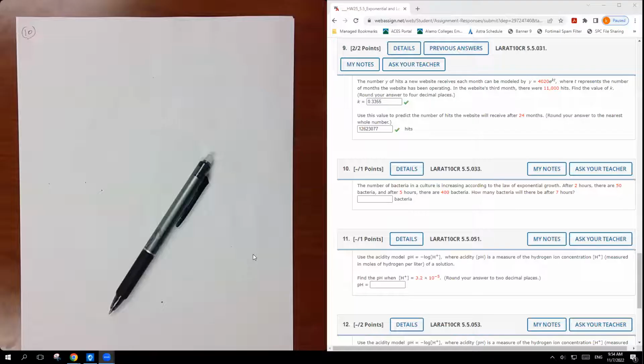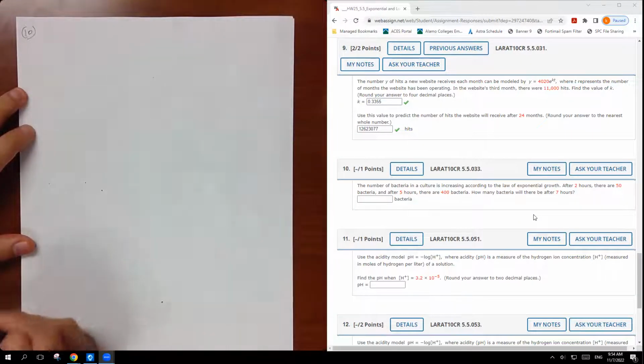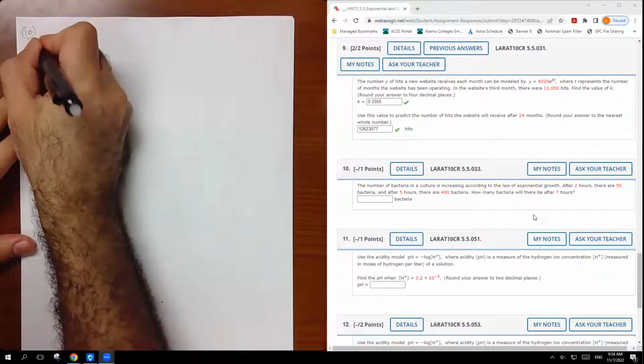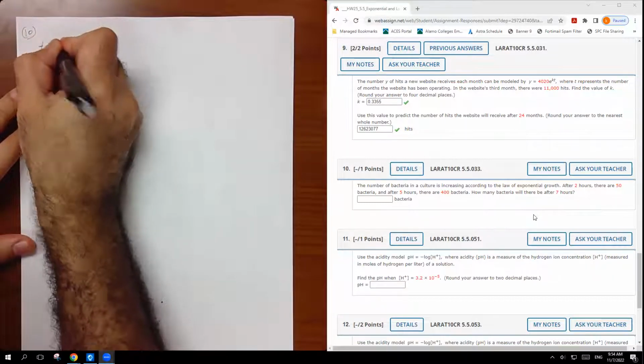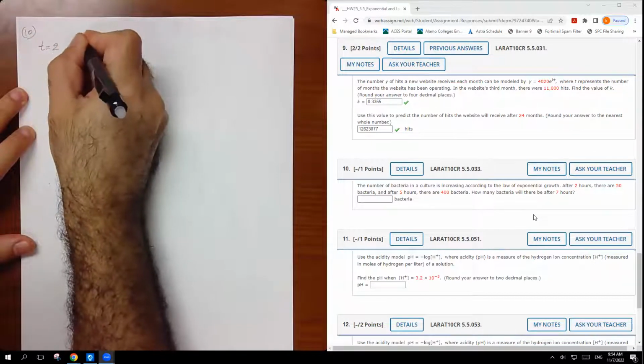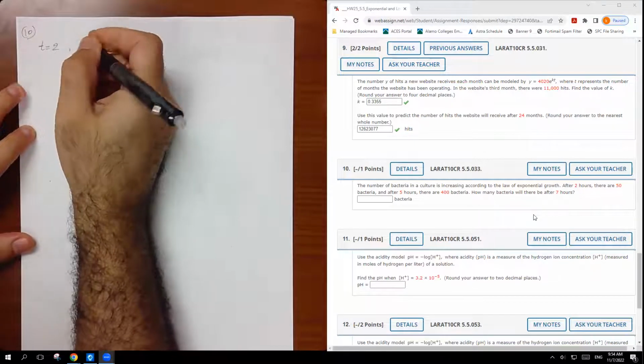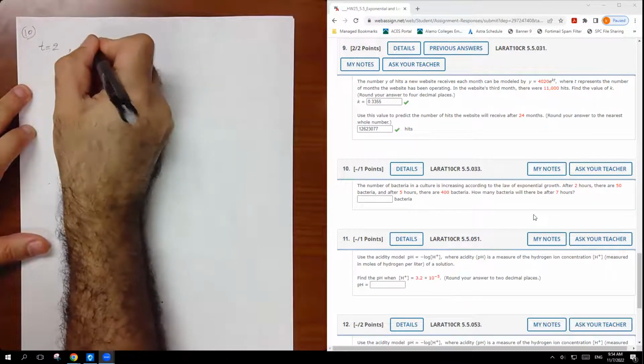So example 10, we have the number of bacteria increasing according to the law of exponential growth. After 2 hours, there are 50 bacteria. So in 2 hours, that means when time equal 2, our bacteria is going to be 50.